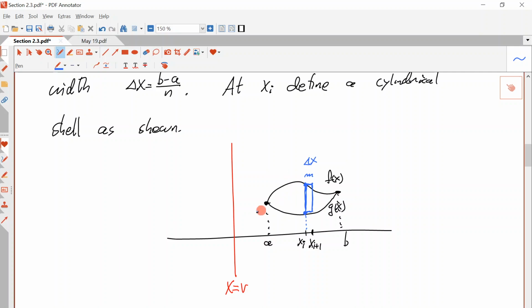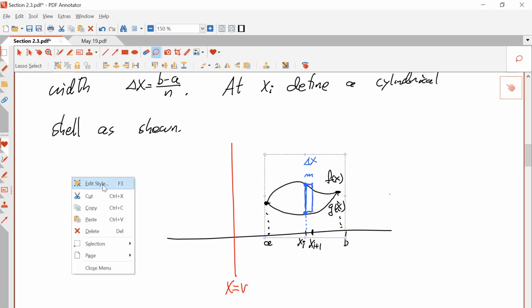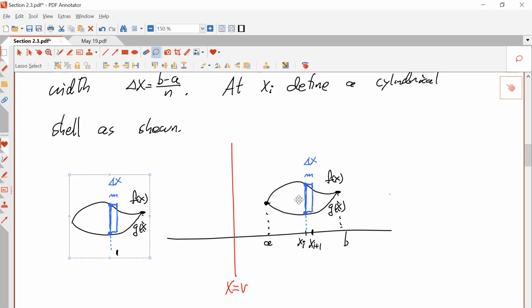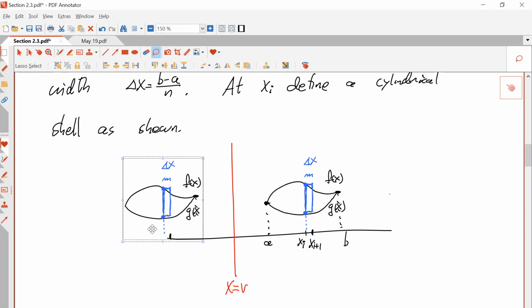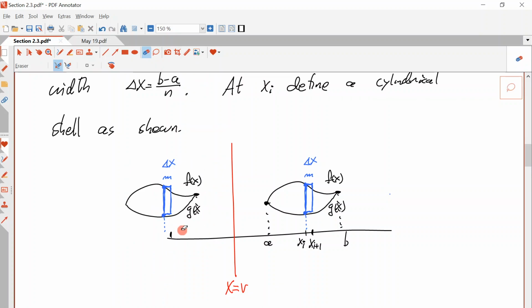Now rotate that rectangle around this vertical axis. We've got this rectangle revolved around the axis.